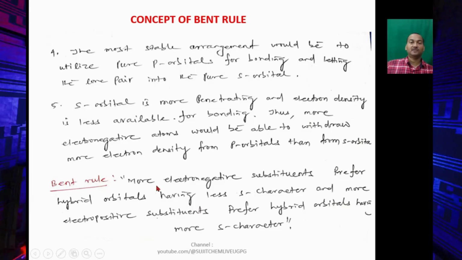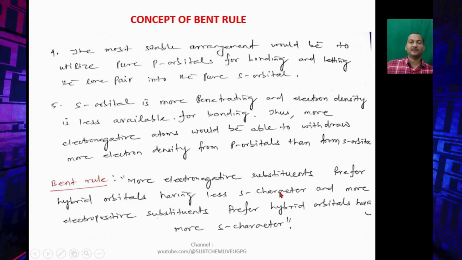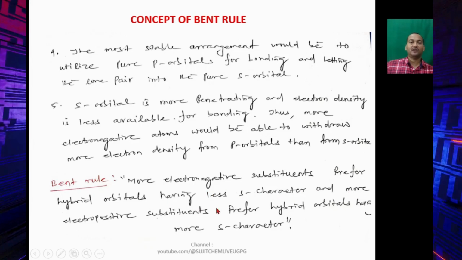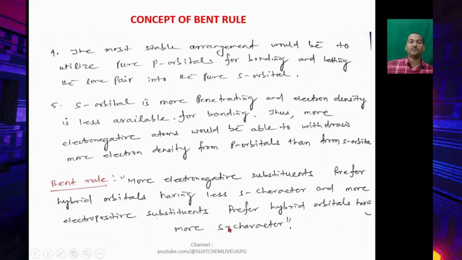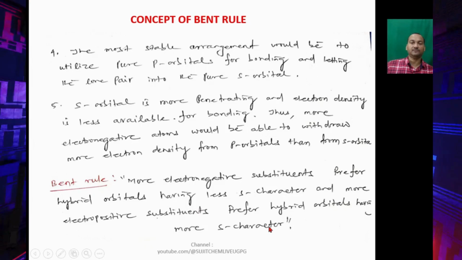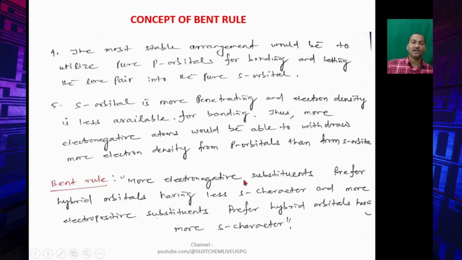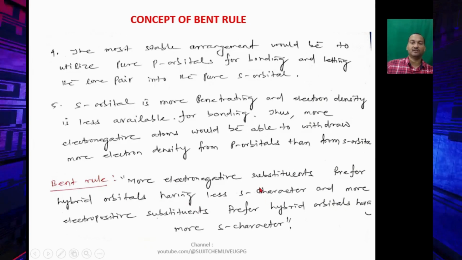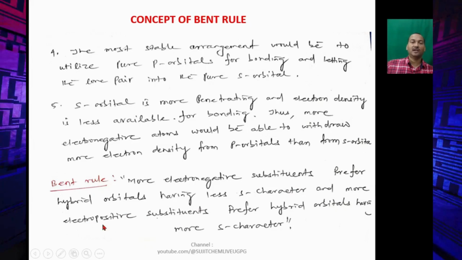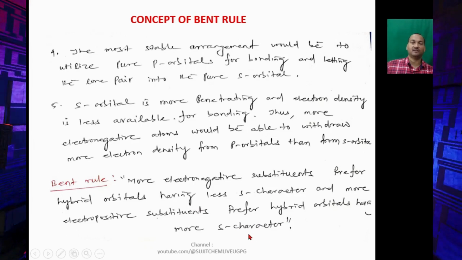So Bent rule says the more electronegative substituent prefers the hybrid orbital having less s character, and the more electropositive substituent prefers hybrid orbitals having more s character. So this is the concept.